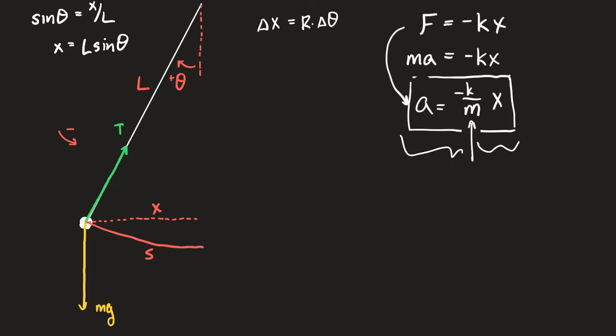Do you remember that from things that are spinning? I want to find out how far they travel. It's the arc length times the radius. So in this example, S is an arc length, and it would have to be equal to the radius, L, times the angle, theta, as long as theta is in radians.